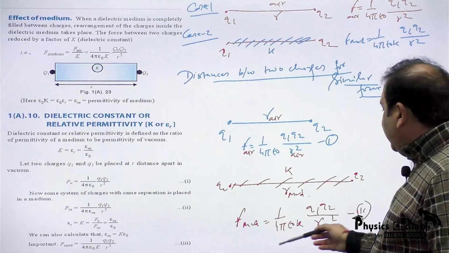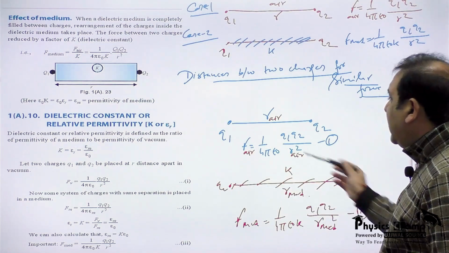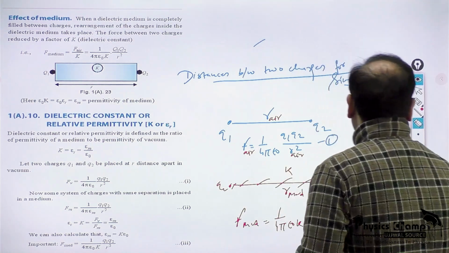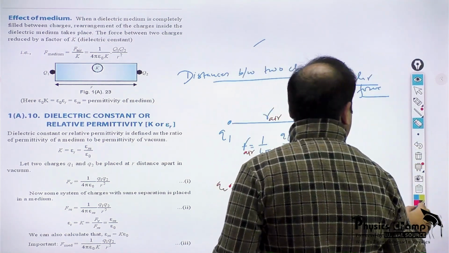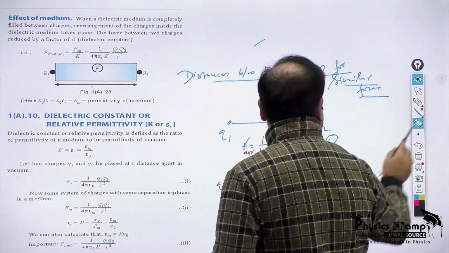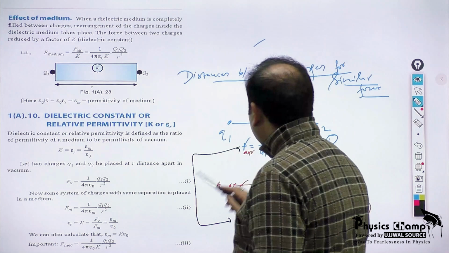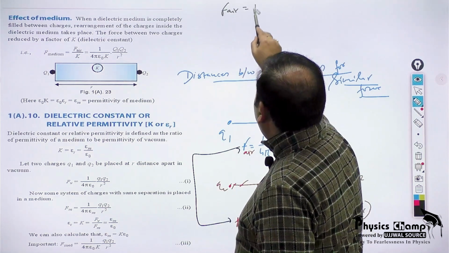We would like the gap between them to be such that the force between them is still the same. Now for the same value of these two forces, force in air should be equal to force in medium.